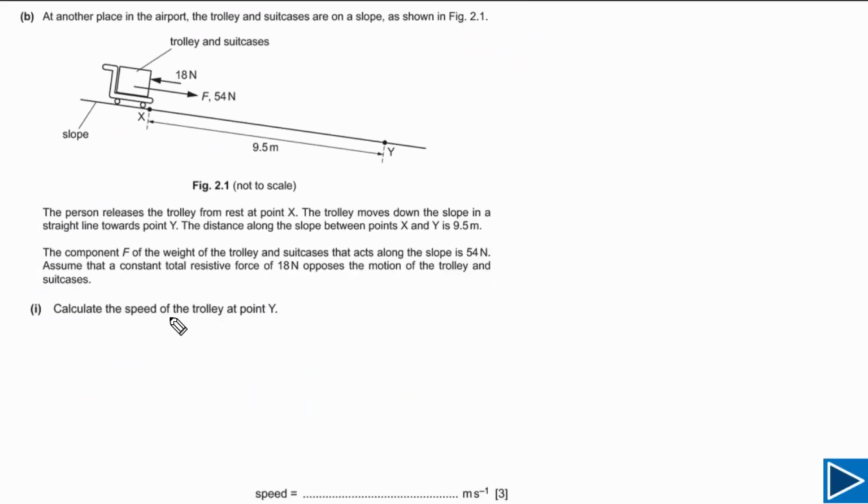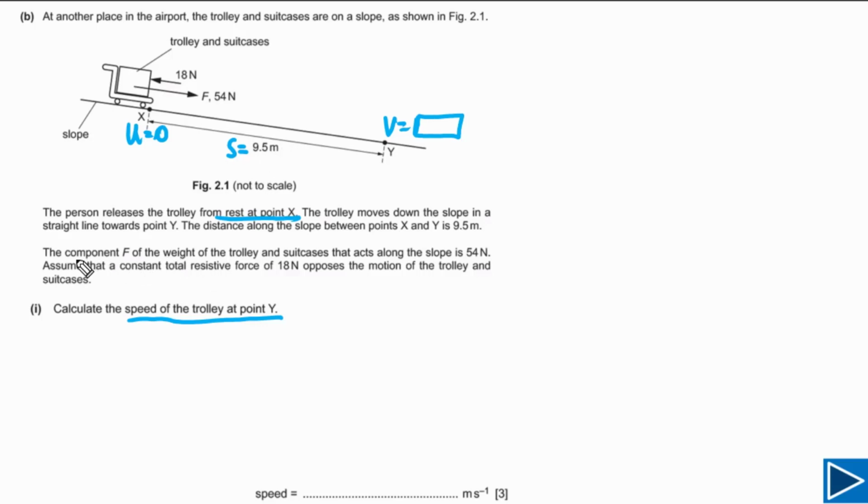For part B1, we need to find the speed of the trolley at point Y. Means at this point, we need to find out what the speed of this trolley is. It is given that the speed of the trolley at point X is equal to 0 because the trolley was at rest at point X. The displacement between point X and Y is also given, that is equal to 9.5.